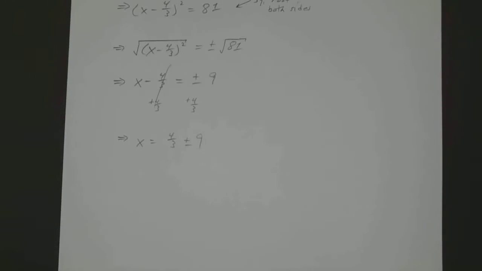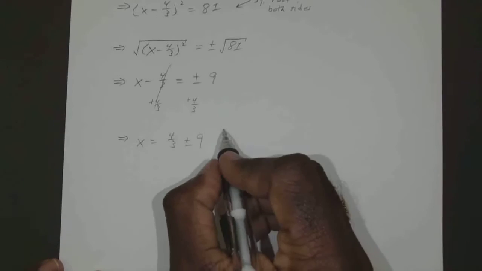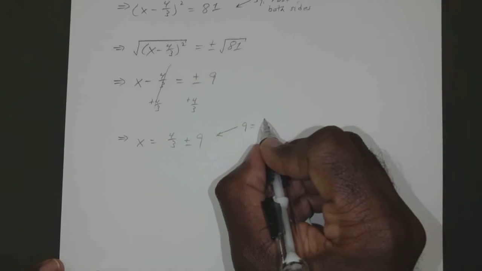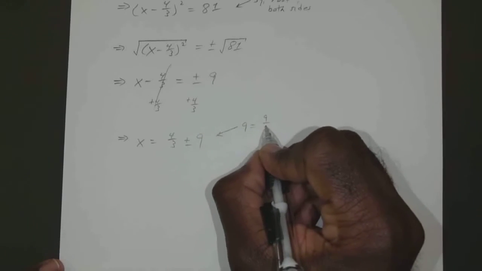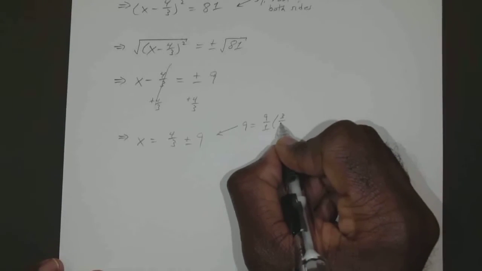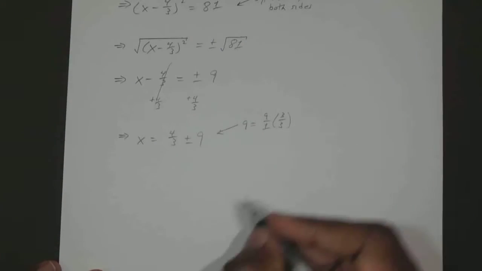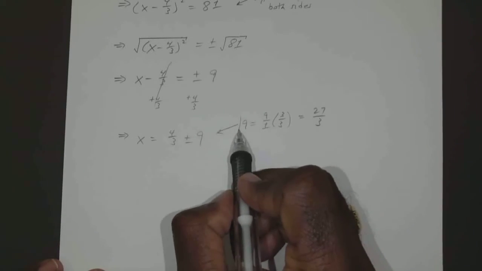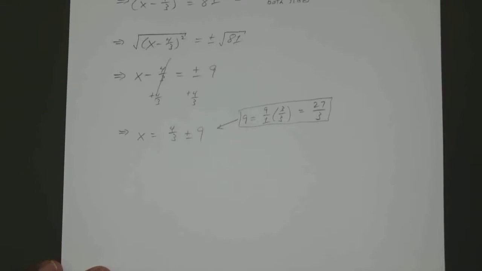Okay. So it usually helps to have common denominators to add them. So we know that 9, I'll go through the steps, so 9 over 1, if we multiply that by 3 over 3, you get 27 over 3. Okay.